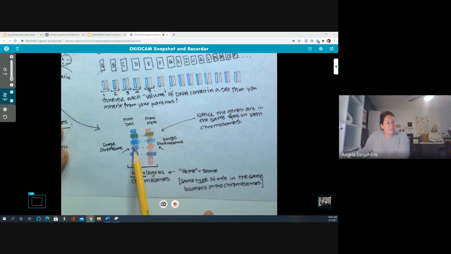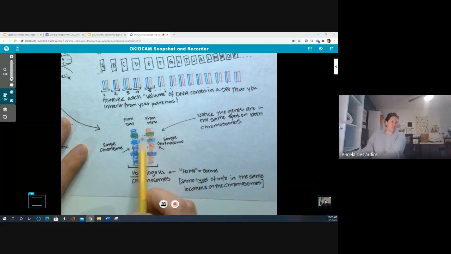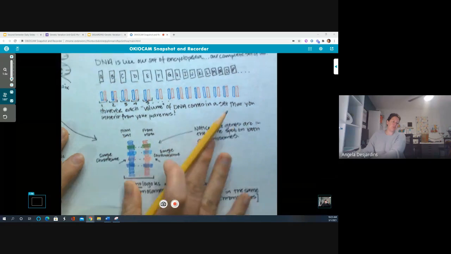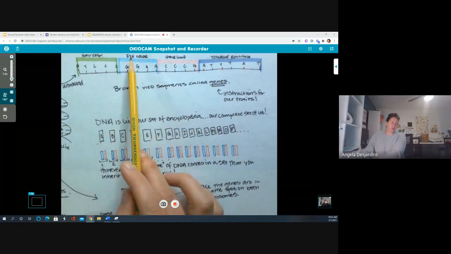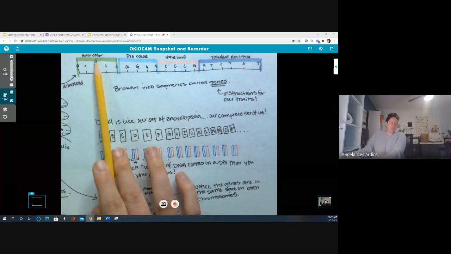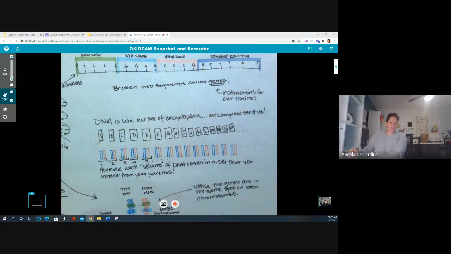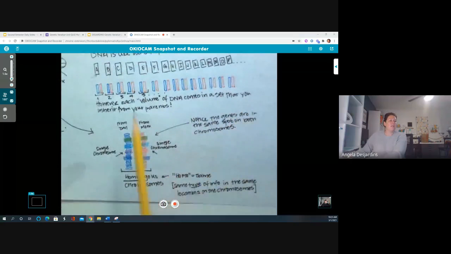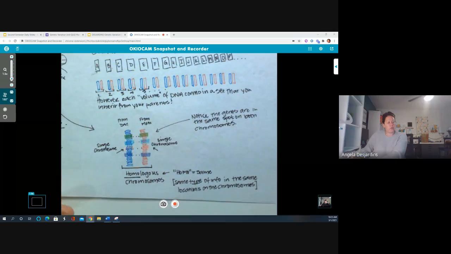Each chromosome that makes up that set, the one I got from dad and the one I got from mom, would be referred to as a single chromosome. But when they are partnered together, notice how I color coded them. You have the green, then the blue, then the pink, and then the purple. So I had the gene for hair color, then the gene for eye color, then the gene for your hairline, and then the gene for tongue rolling. That would be the information found in volume 1 for you.